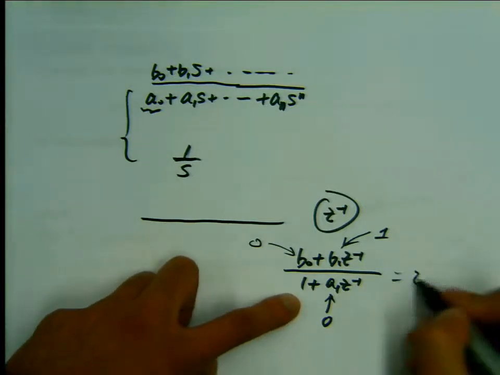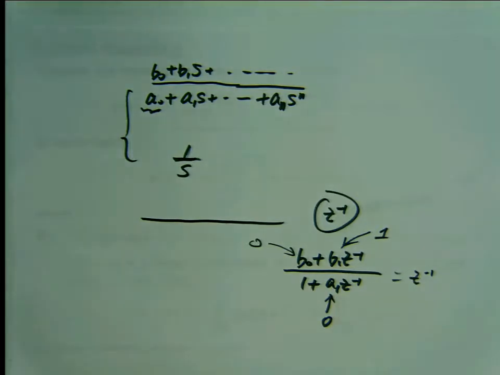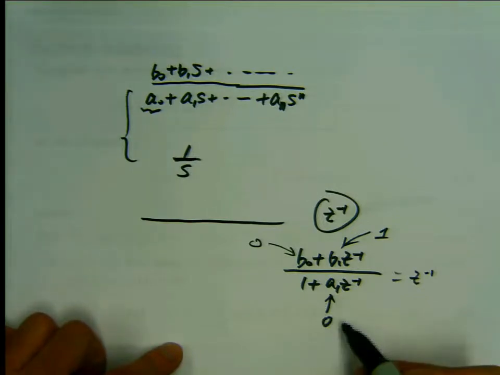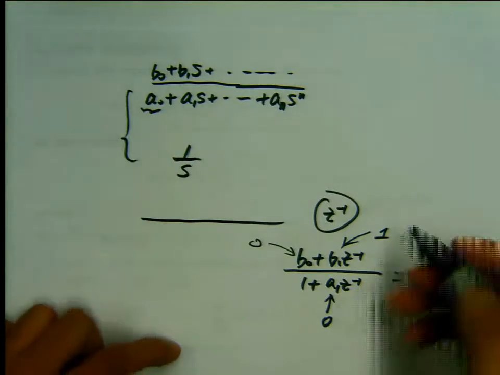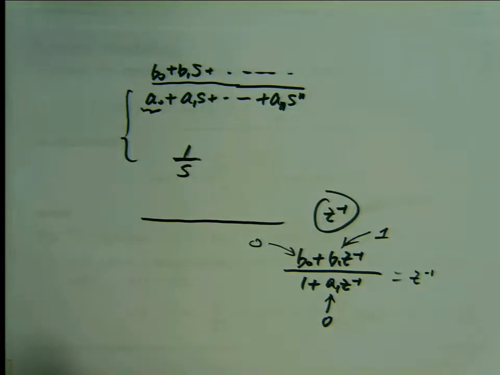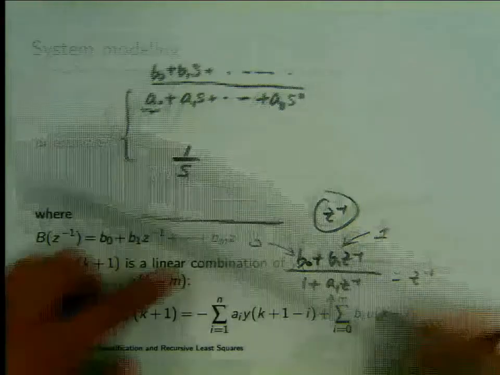Then it's going to become z to the negative 1. See? There's no a0 here. So the discrete time case is a little bit different, and that expression is a general expression.